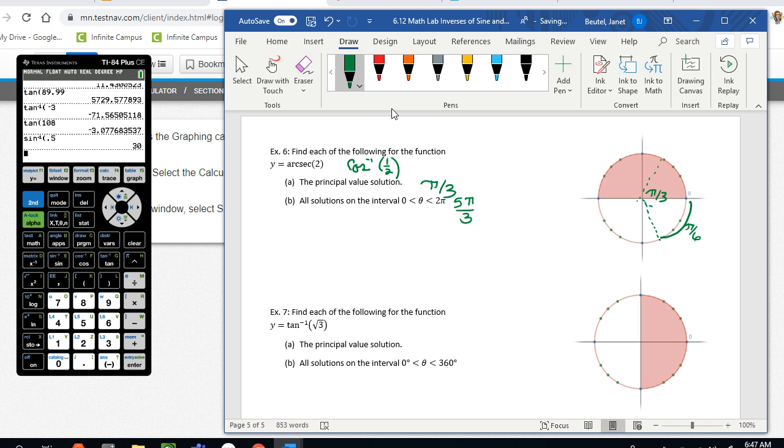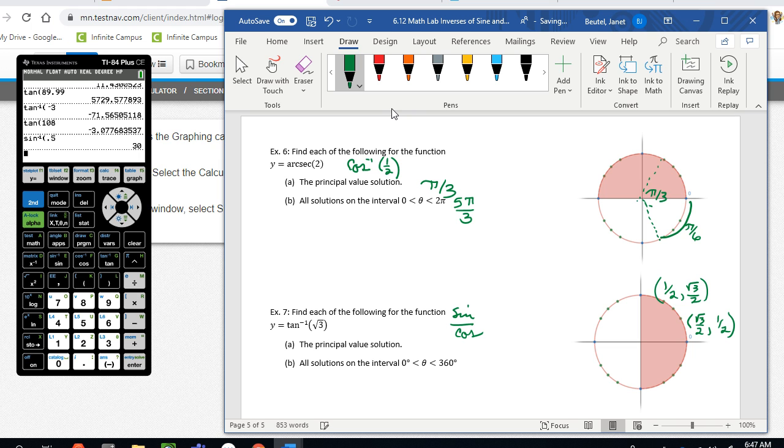All right, the next thing we're going to do is find tangent. Now, we'll tell you tangent's a little tougher because this is where we have to do sine over cosine. And we have two options. We have where cosine's 1/2, so square root 3 over 2, 1/2, and we have 1/2, square root 3 over 2.